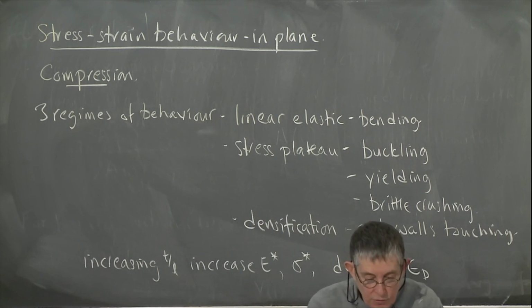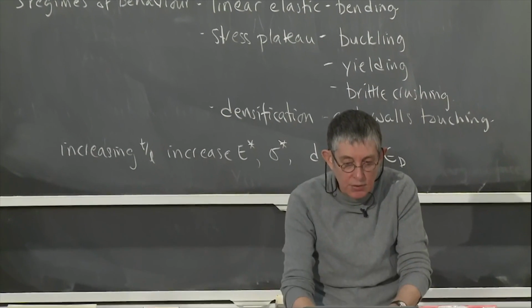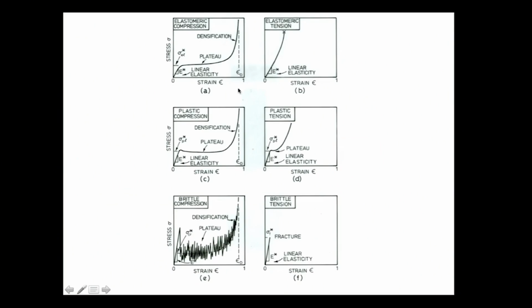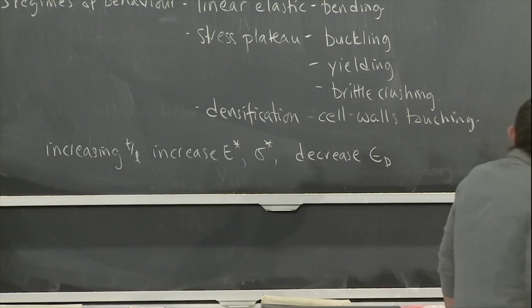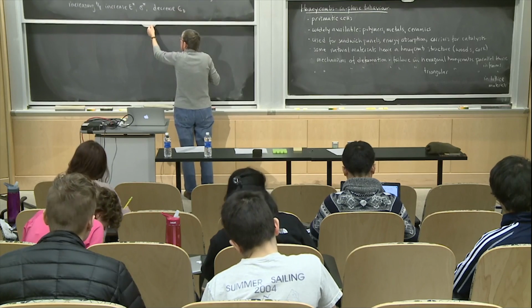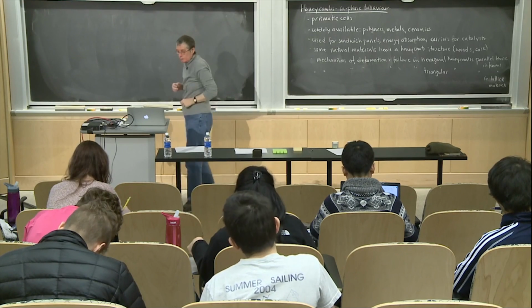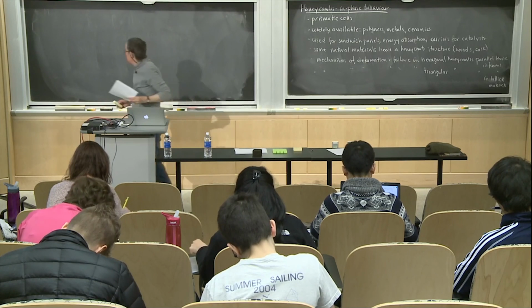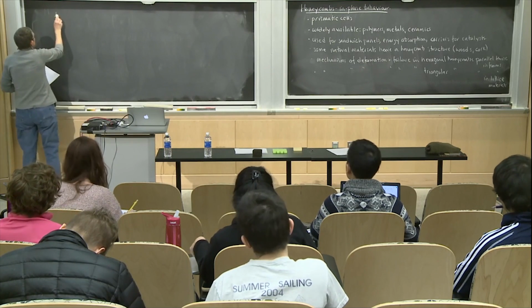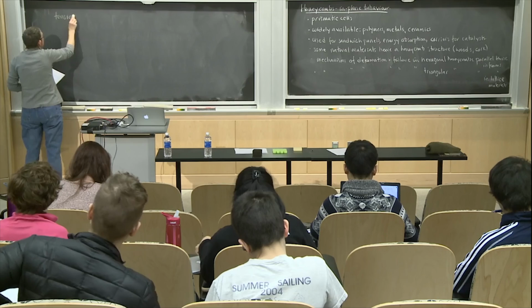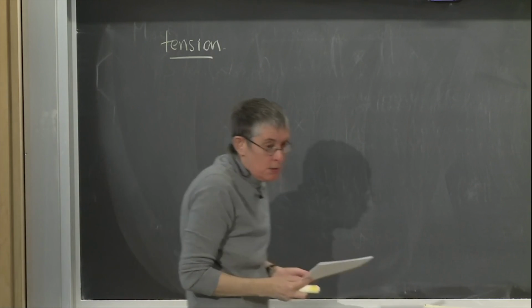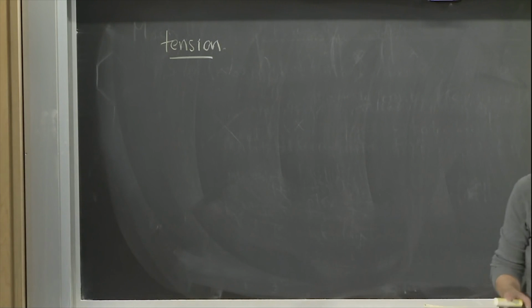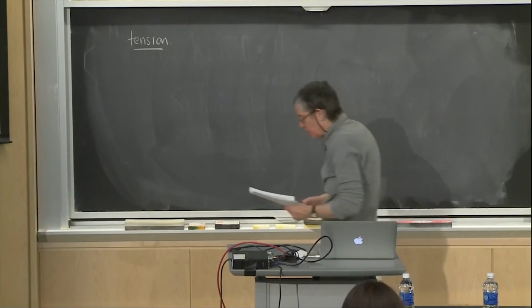So see over on the right-hand side of these plots here, that strain there is the densification strain, epsilon d. So that's in compression. And these materials are very often loaded in compression.